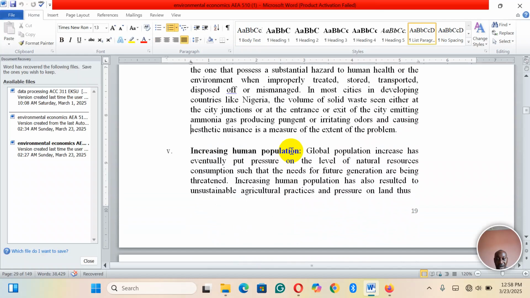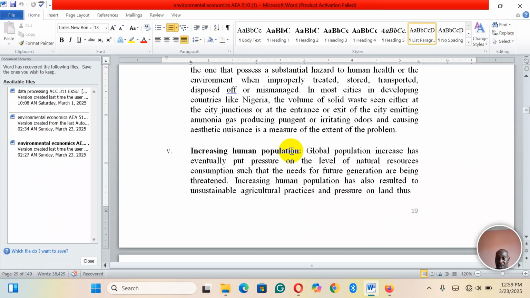Then we also look at the increasing human population. Global population increase has put pressure on the level of natural resource consumption, such that the needs of future generations are being threatened.